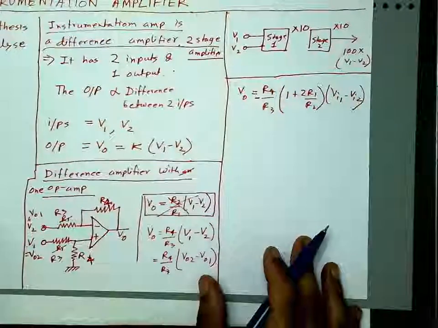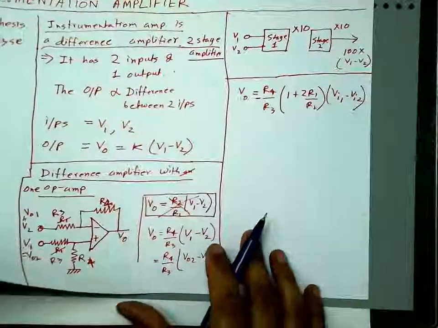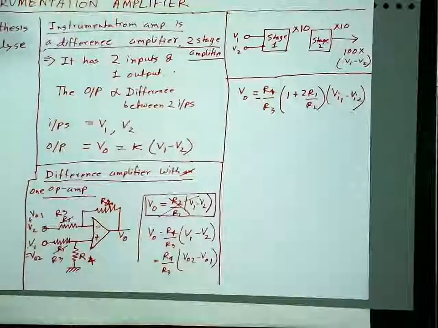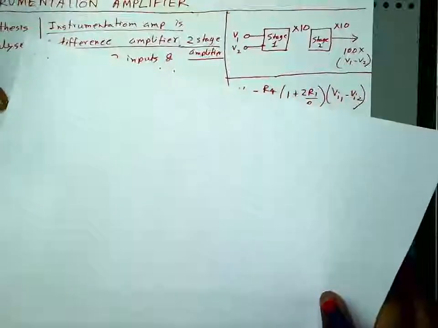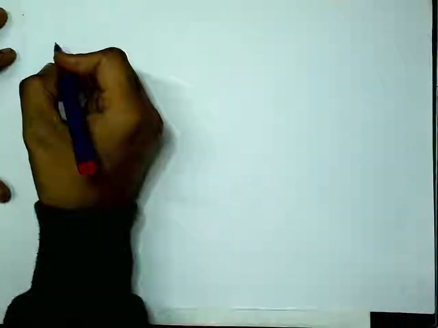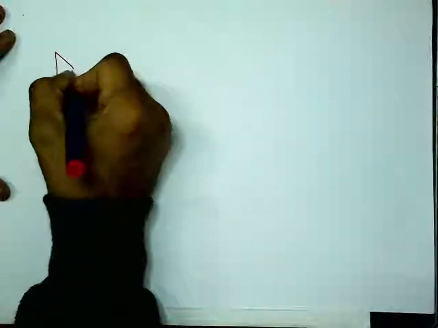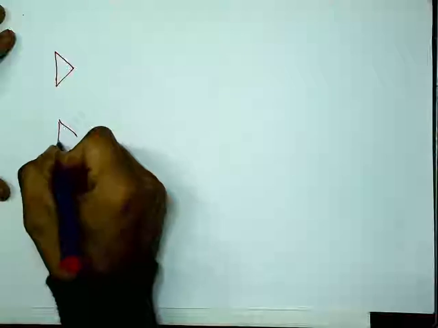Let me do a final revision, a very quick recap in 2-3 minutes. The instrumentation amplifier is a two-stage amplifier. The first stage has 2 op amps.